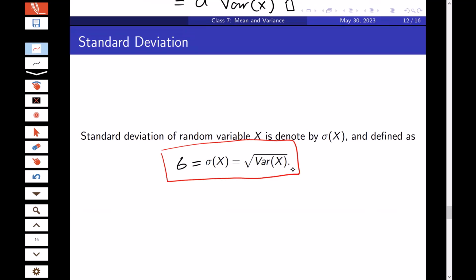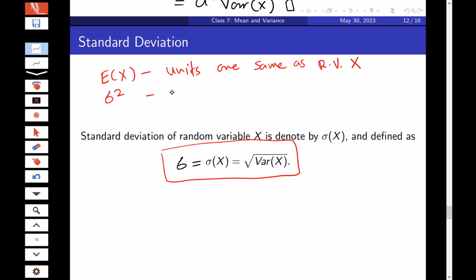There's a reason we have to find the standard deviation, and that's because of the units. If you find the expectation, the units will be the same as the random variable x.